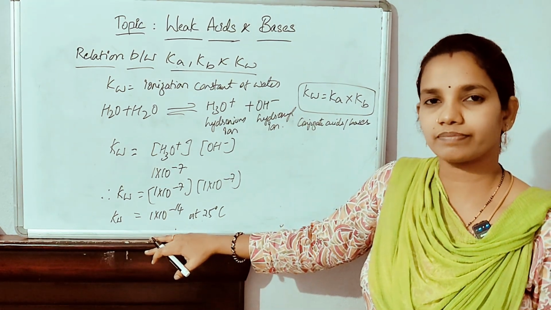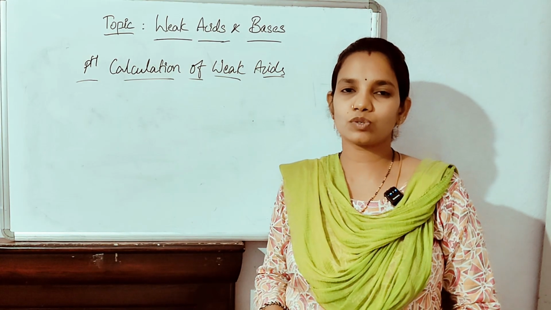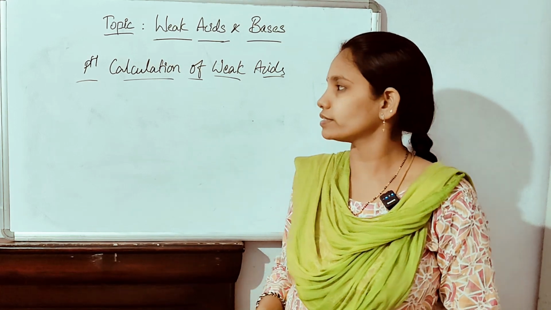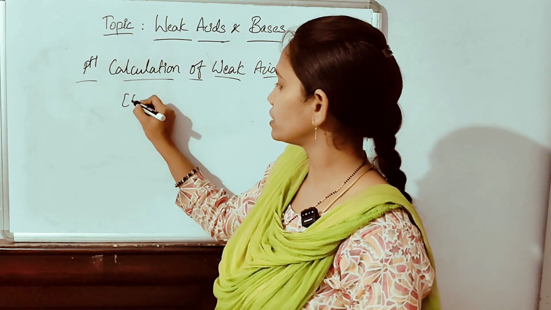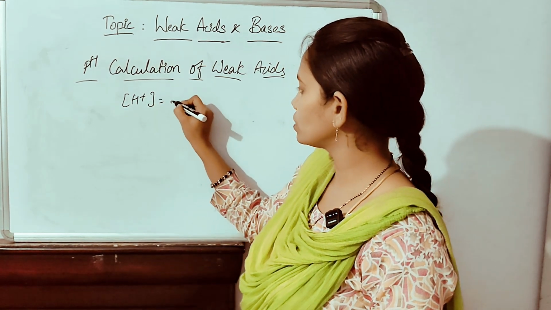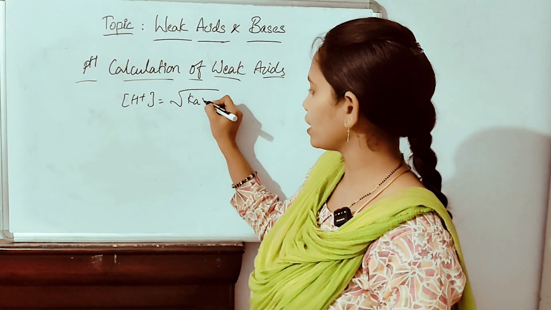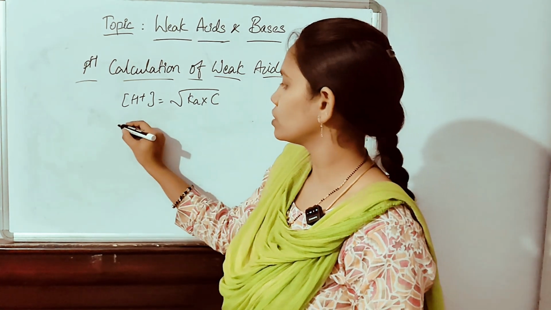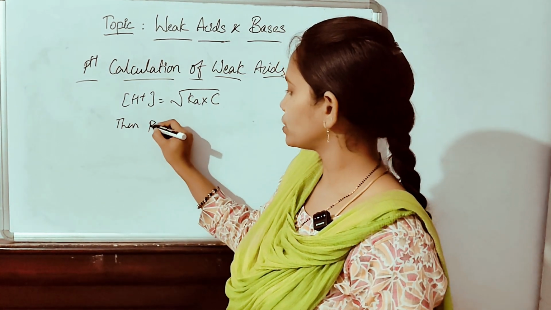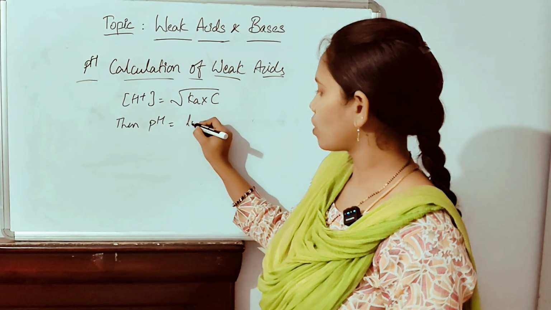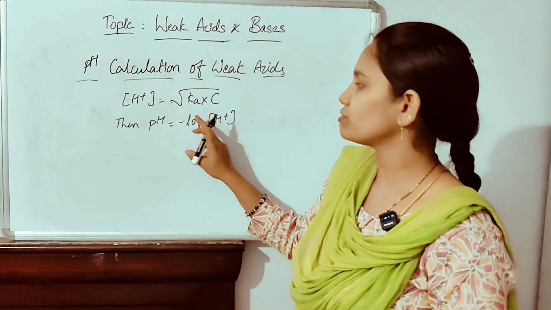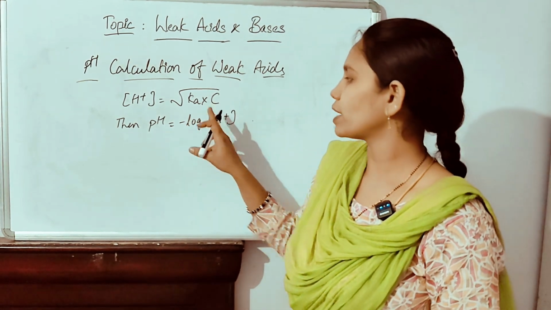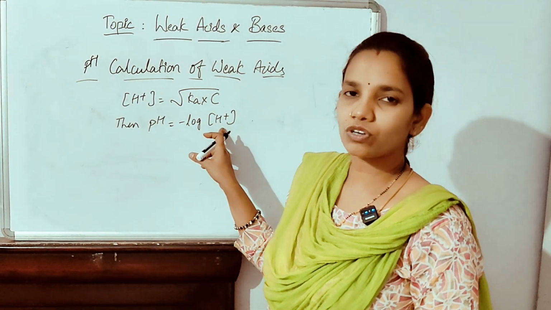Now let's learn how to calculate the pH of a weak acid. Since ionization is partial, we have to use concentration of H plus is equal to square root of Ka into C concentration. Then pH is equal to minus log concentration of H plus. It means we have to substitute this formula in place of concentration of H plus.